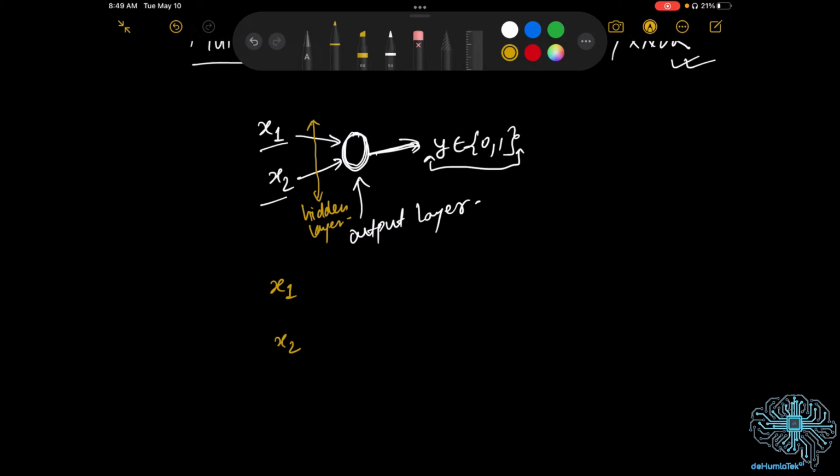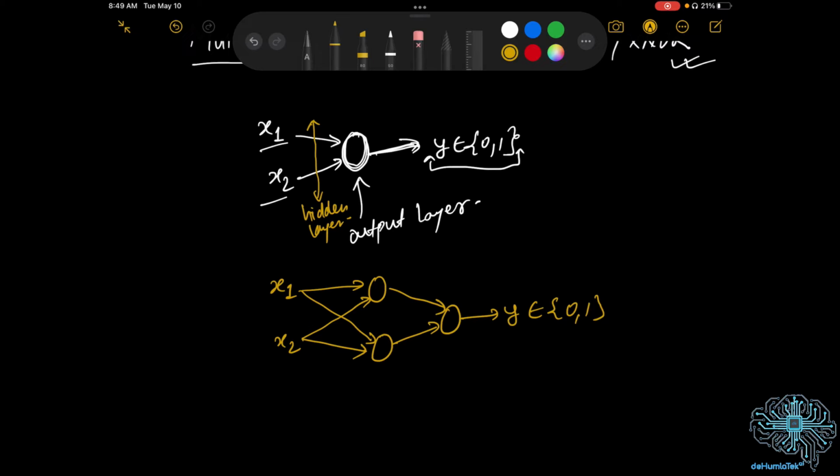X1, X2, and there would be some hidden layer, going to both neurons, and this is the output layer, which is going to give Y, either 0 or 1. So this is the input layer, this is the output layer, and this is going to be the hidden layer.